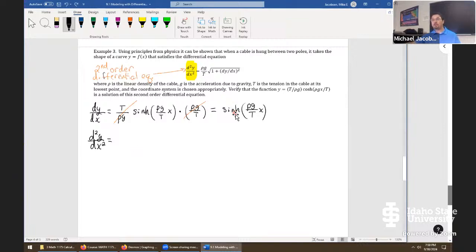The derivative of hyperbolic sine is now back to hyperbolic cosine, still positive. So cosh of rho g divided by t times x. By the chain rule, we differentiate that function. The derivative of all this is just rho g over t. I'll put it out in front of the function, just for convenience, no other reason.